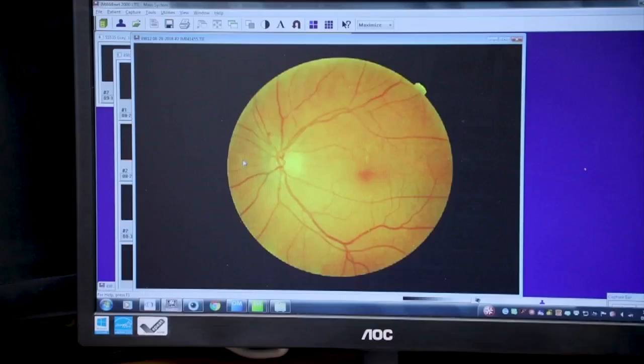Doctor, we're looking at another retinal camera picture here of another patient, and one of the things you're looking for is hemorrhages of the blood vessels in the eye. Yes, and in this patient, if you can see that, it's a tiny, tiny dot hemorrhage. Without this instrument, it would have been very hard to see such a tiny hemorrhage. This retinal photography is really important in diagnosing early stages of diabetes in the retina.